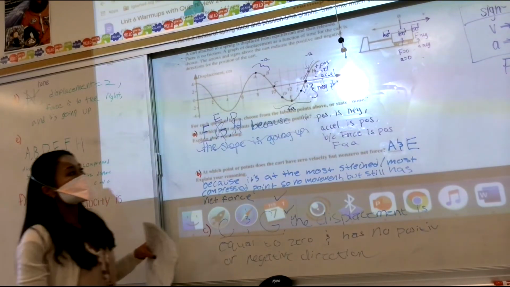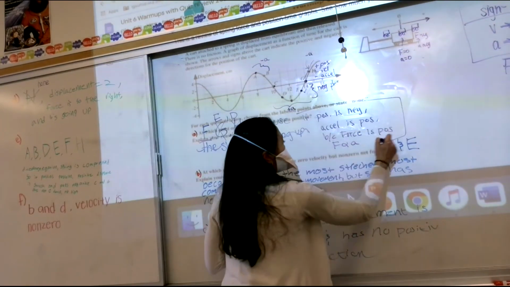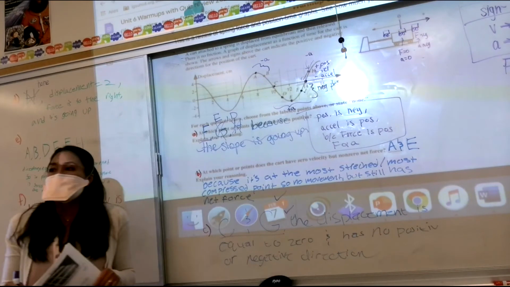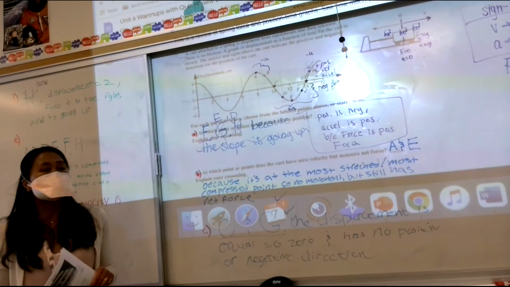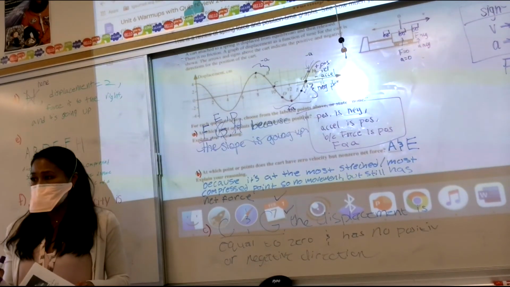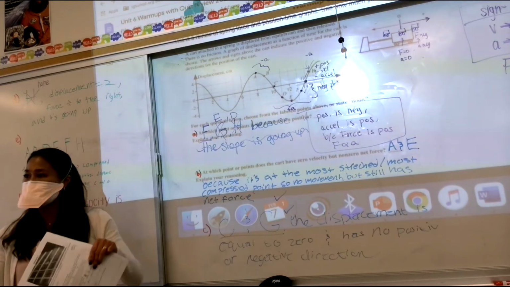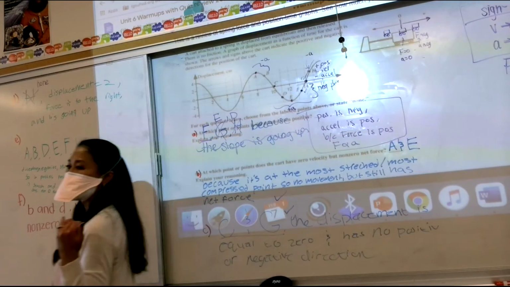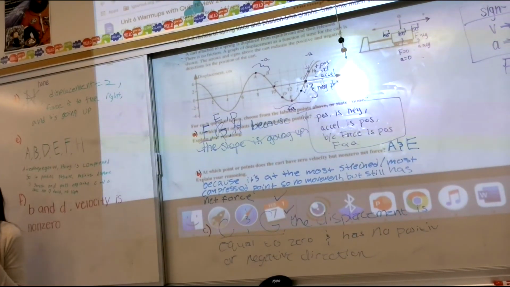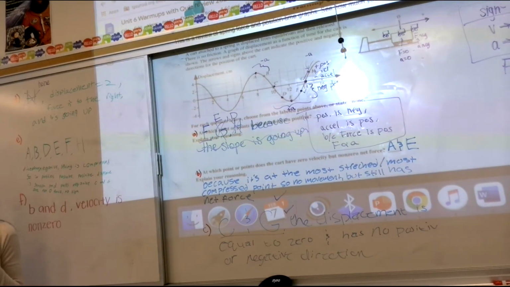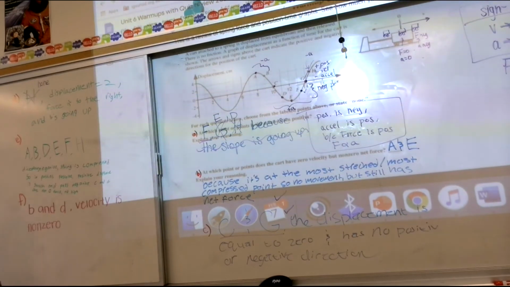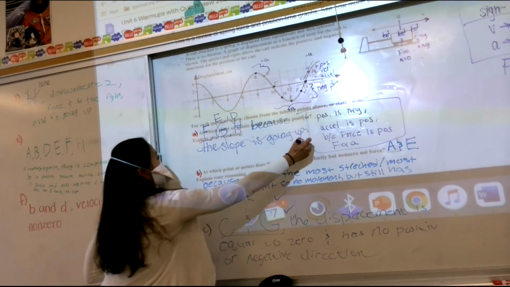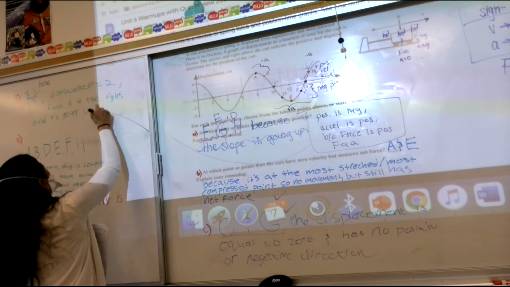And the reason is the same as the reason we got for A. It's because a positive position is going to have a negative acceleration. They're always going to be opposite of each other because the force of the spring is going to oppose the position of that cart. So this is our reasoning for part D.